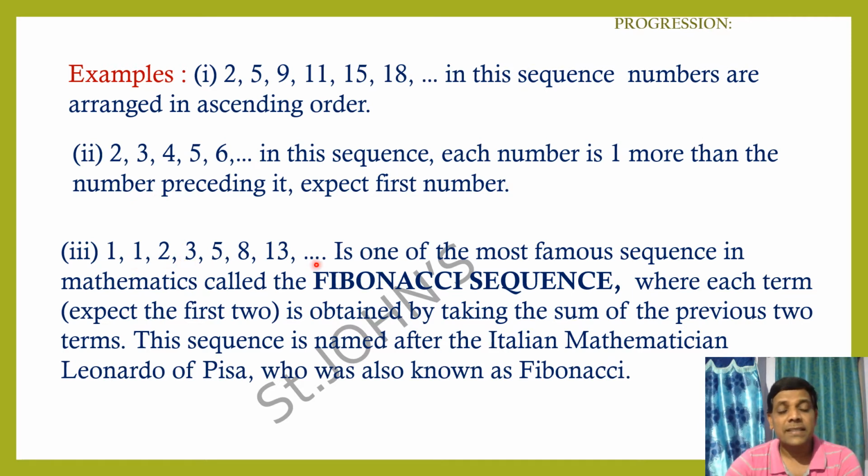It is one of the most famous sequences in mathematics, called the Fibonacci sequence, where each term except the first two terms is obtained by taking the sum of the previous two terms.